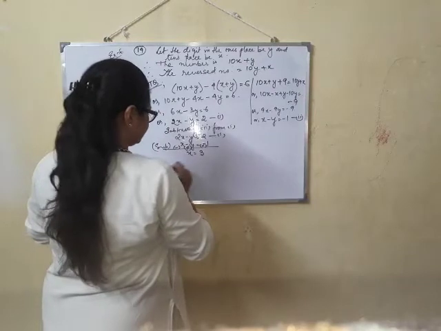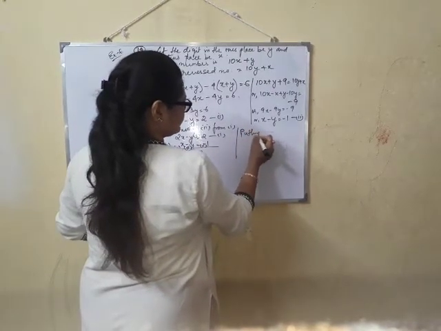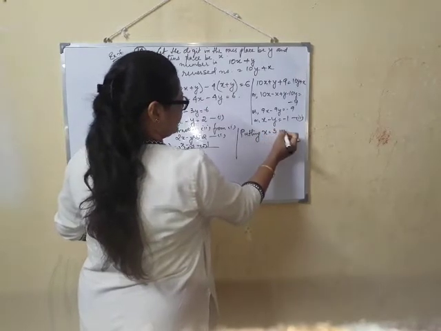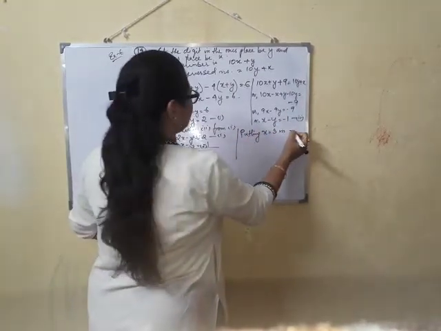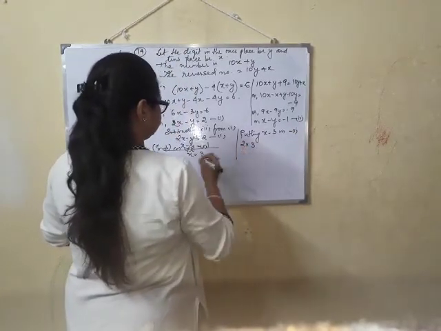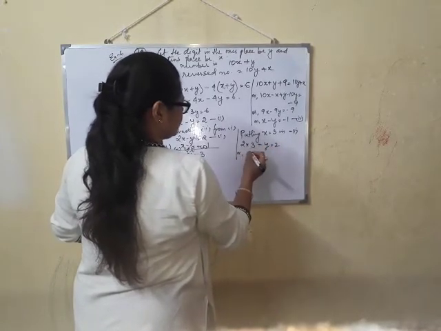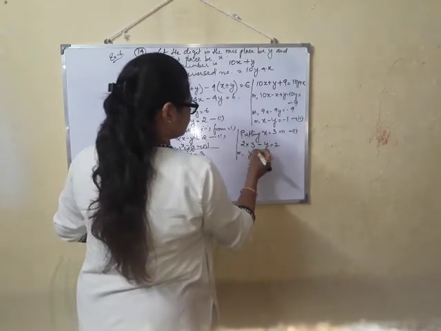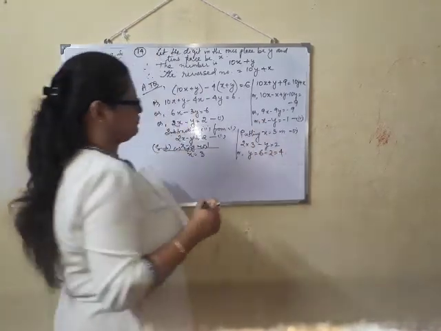Now putting x equal to 3 in any of the equations of your choice, I am putting it in equation number 1. 2 into 3 minus y equal to 2, or y equal to 6 minus 2 equal to 4.